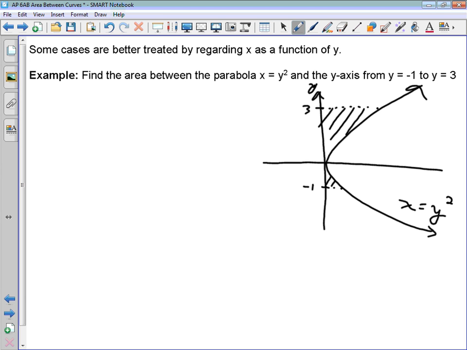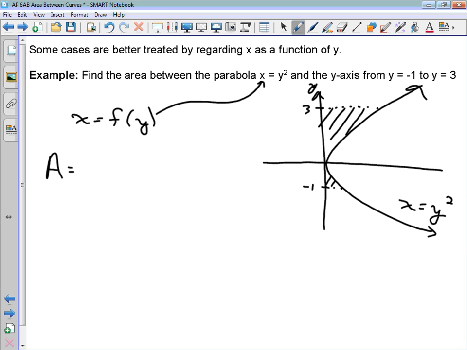Now, all of the integration that we've done up until now has been integrating with respect to x. We've been given y as a function of x, and then integrated with respect to x because of the way things have been set up. So here they are giving us x equals f at y. We can calculate the area the same way as we've been doing all along, except instead of integrating with respect to x, we're going to integrate with respect to y.